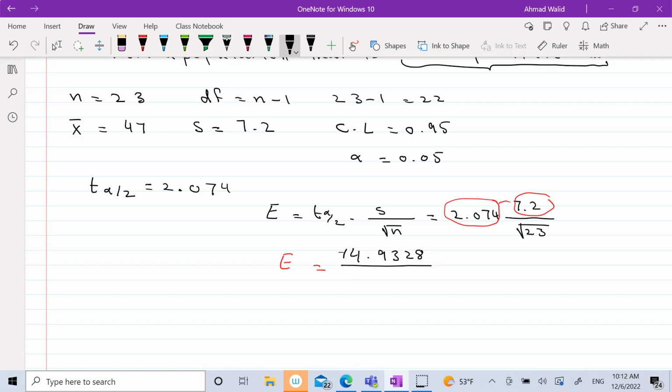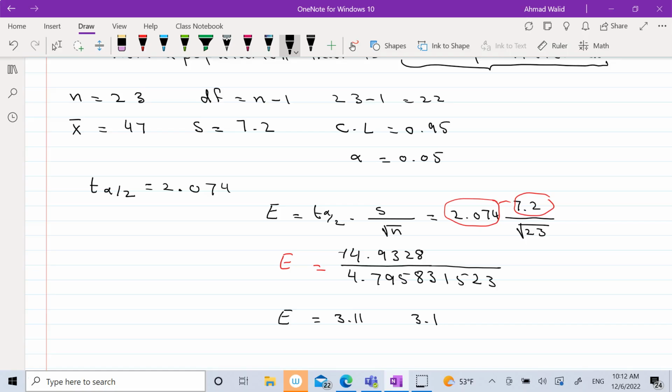Let's take the square root of 23: 4.79583153. Correct? And if you do this division, your E will be equal to 3.11, which we round as 3.1.